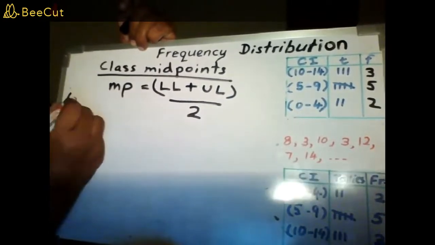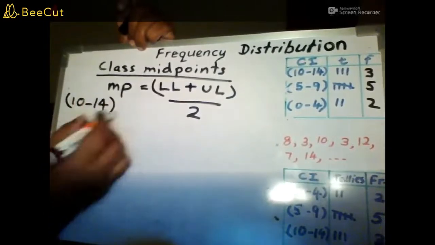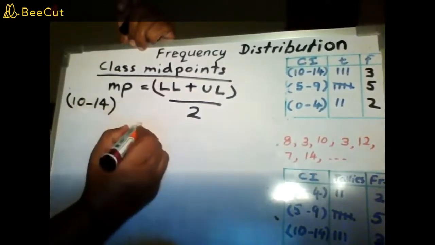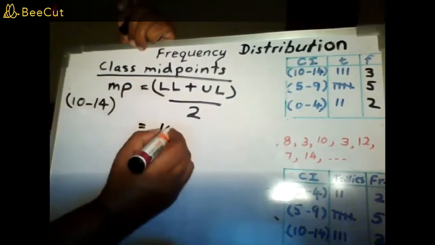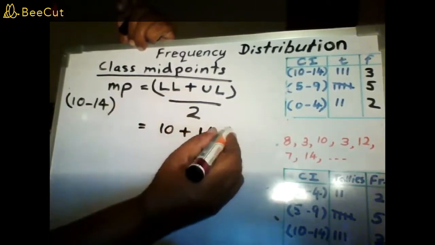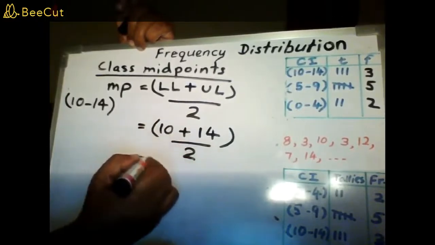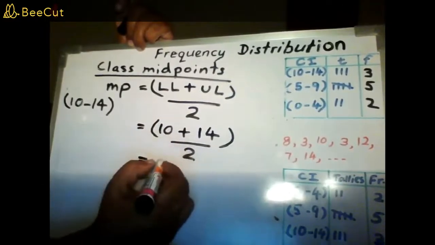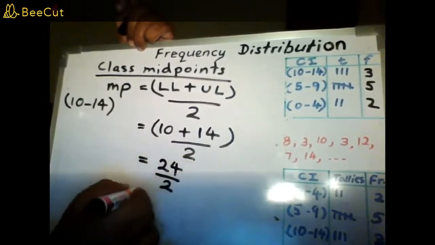Now we'll take the same example here. What's our example? 10 to 14. Right? So now we'll apply the values. Lower limit 10 plus upper limit 14, divided by 2. That is 24 divided by 2, it's 12.